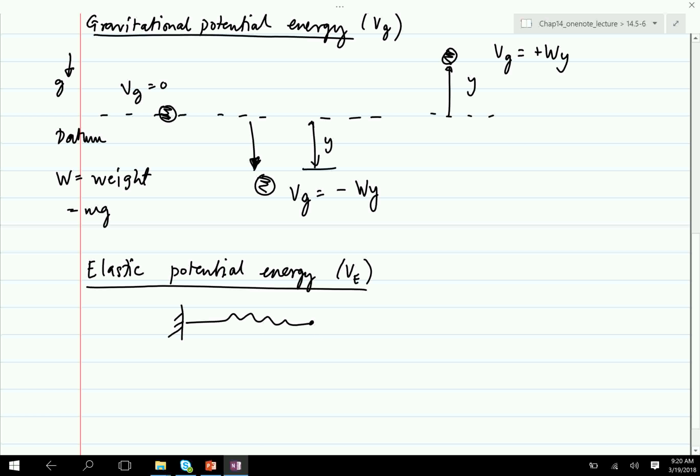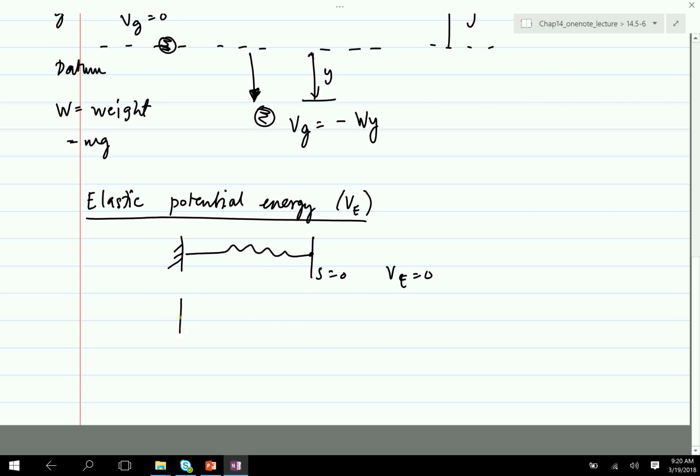So when the spring is unstretched, S is 0, the potential is clearly 0. If you stretch the spring like so, then the potential is a half k S squared.